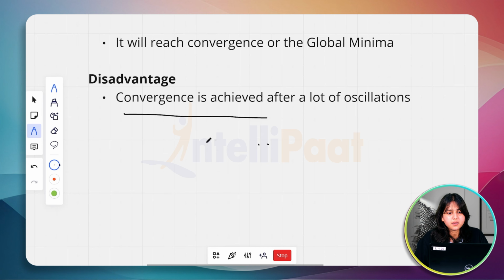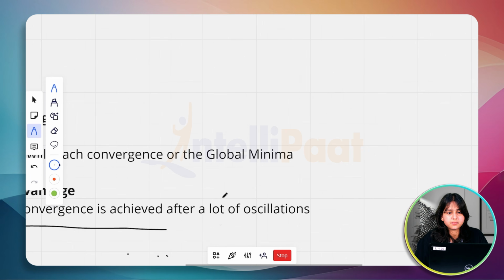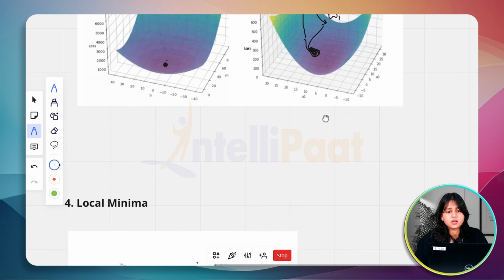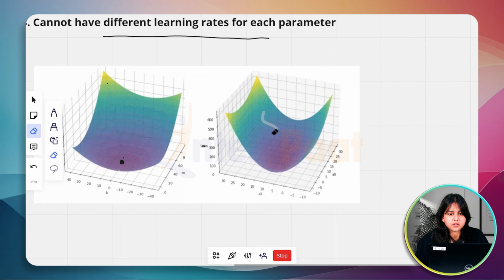So basically, let's consider the graph above. As we saw, in case of gradient descent, we wouldn't be able to reach the global minima in this case, because we have to travel in this direction and in this direction at different learning rates, right? But this is possible with SGD with momentum.